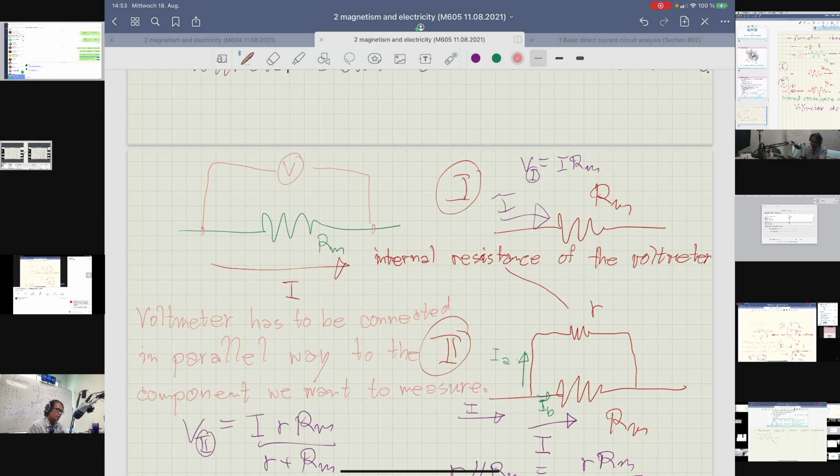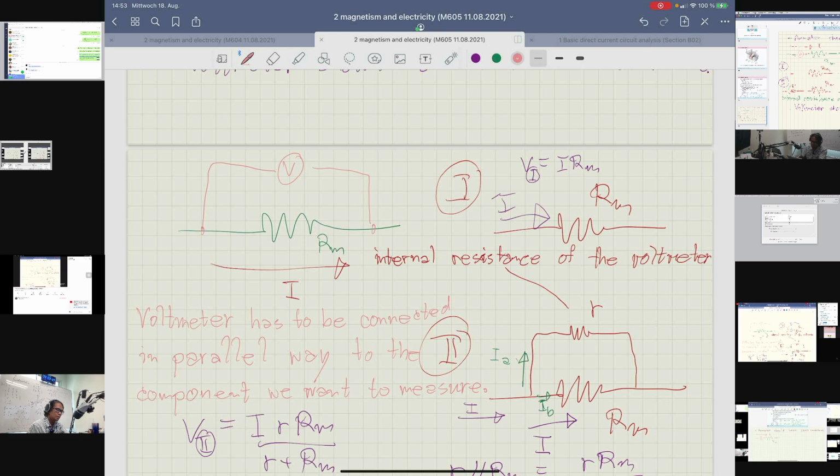the internal resistance of this galvanometer is 25 ohm, and the sensitivity of this galvanometer is 50 microamperes.